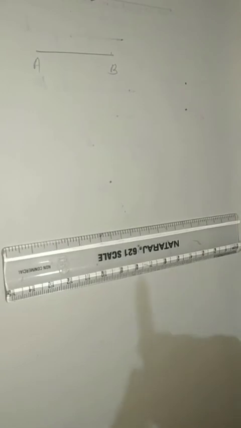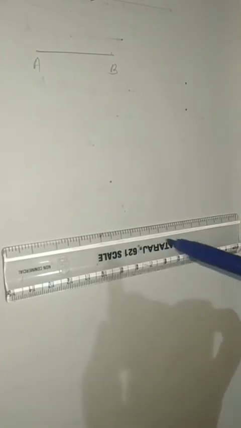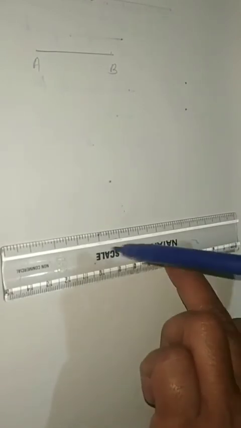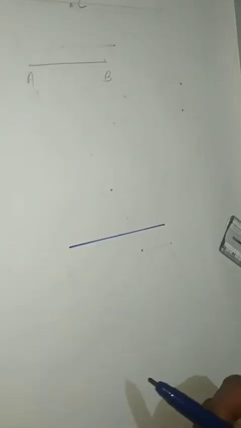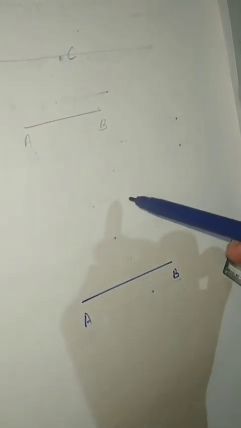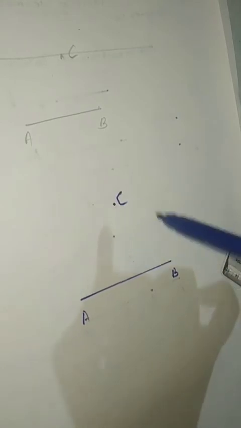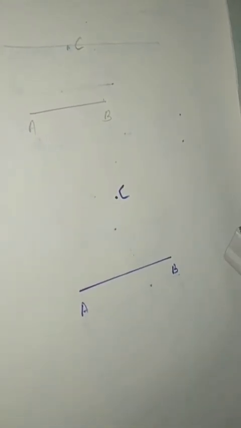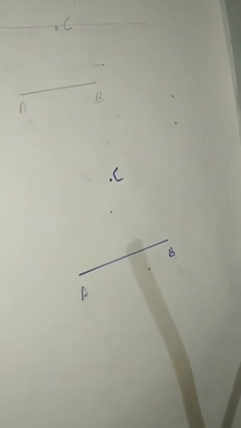First, we can draw a line AB. We can mark C here. Then we can start our process.